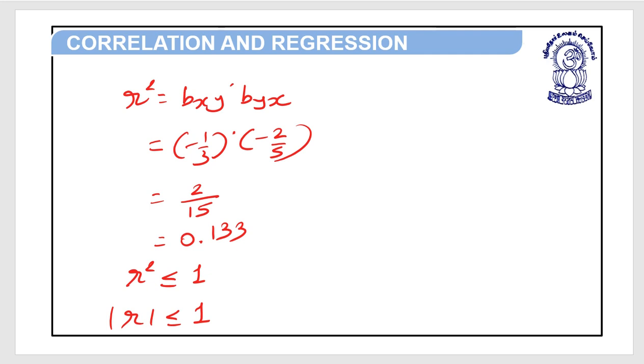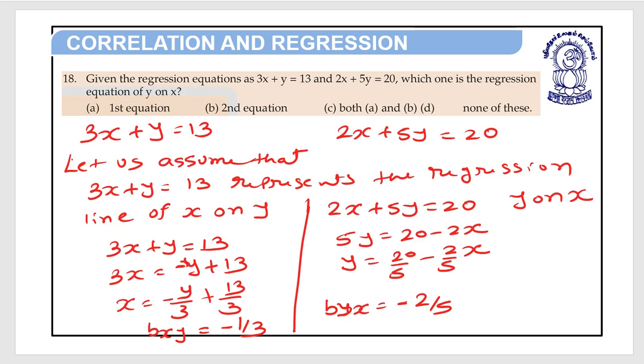So the condition is satisfied. So the equation of y on x is 2x plus 5y is equal to 20. So option B is the right answer, the second equation. Okay.